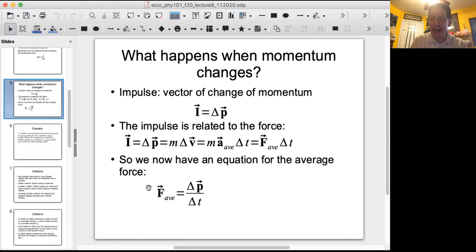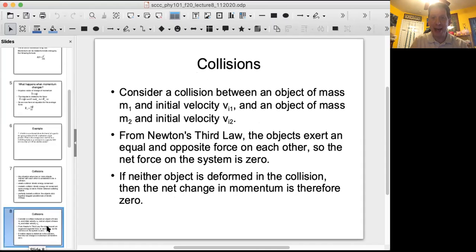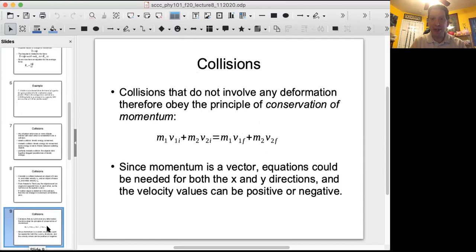So if the net force acting on the system of objects is zero, then the change in the momentum of the system is zero, which means that momentum is conserved. Assuming neither object is deformed in the collision, the net change in the momentum is zero, which means the total momentum of the system before the collision equals the total momentum of the system after the collision.